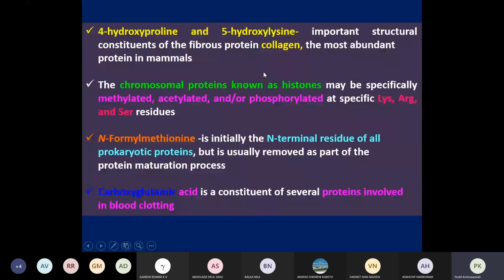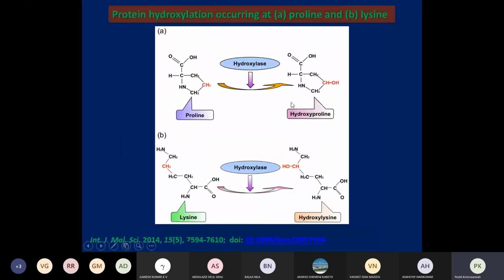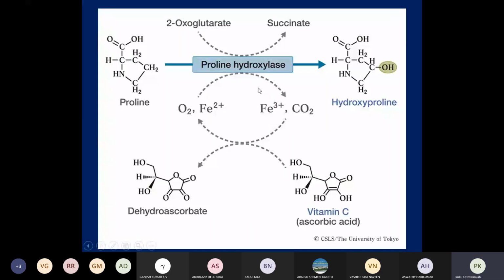You can also see here, this is lysine. Lysine is converted into hydroxylysine, and proline is converted to hydroxyproline during post-translational modification. This conversion is catalyzed by the hydroxylase enzymes, prolyl hydroxylase and lysyl hydroxylase, which use vitamin C as a cofactor for this reaction.